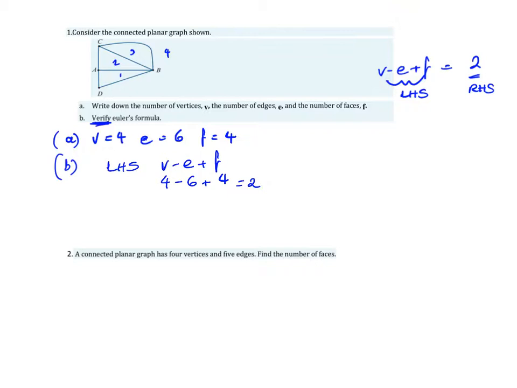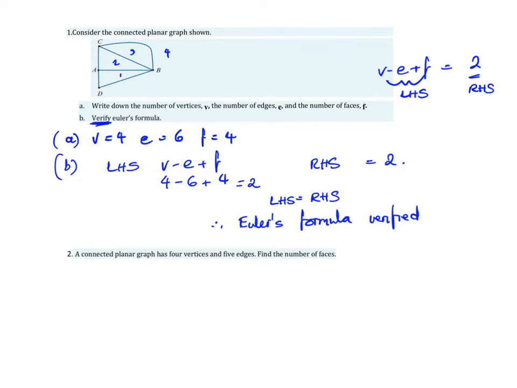And now I'm going to look at the right-hand side of the equation. And the right-hand side of the equation is equal to 2. So you can see there that our left-hand side is equal to our right-hand side. And therefore, Euler's formula has been verified.